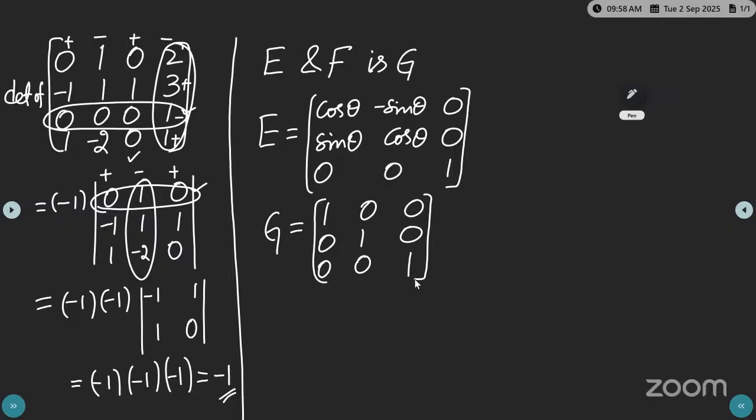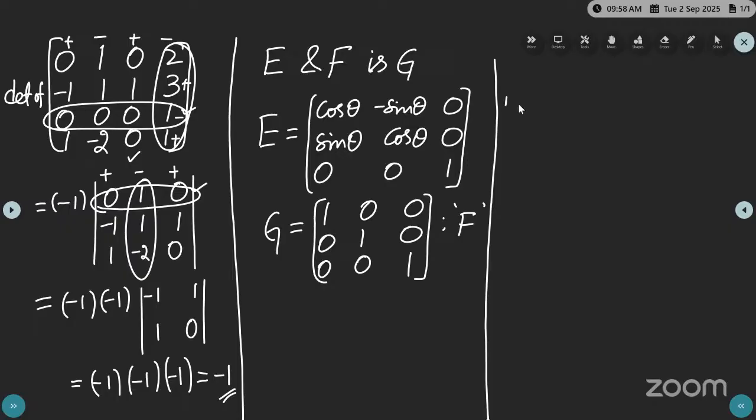What is the matrix capital F? Here I am giving you the options.